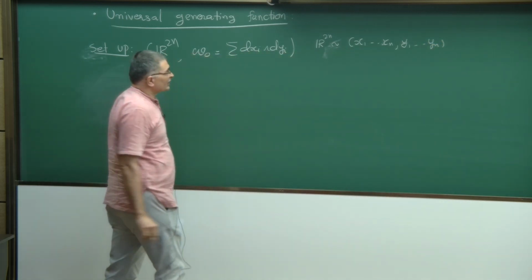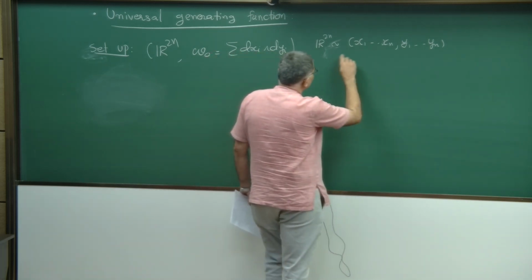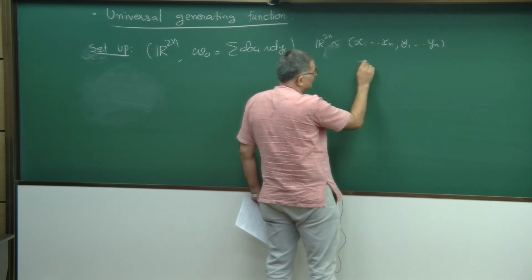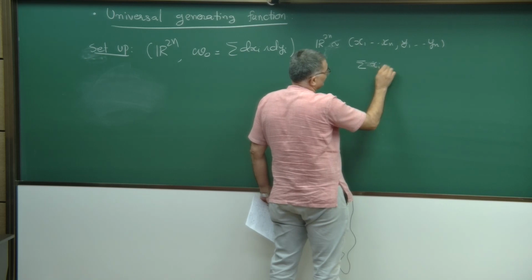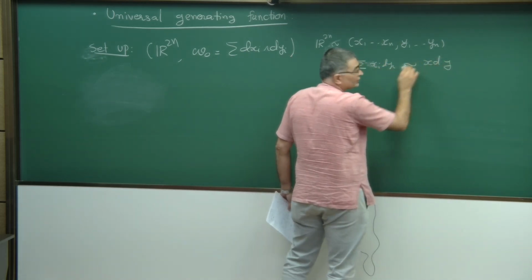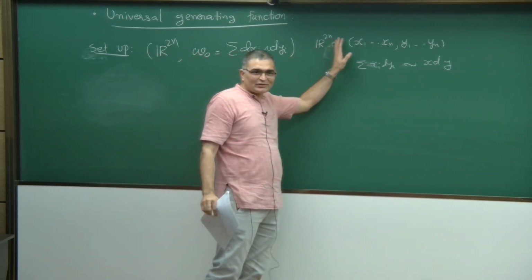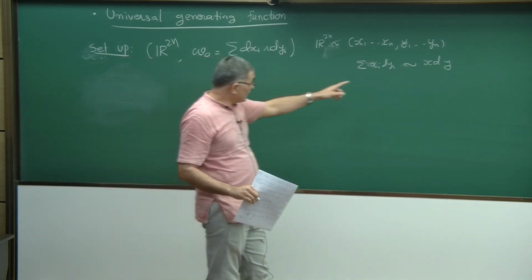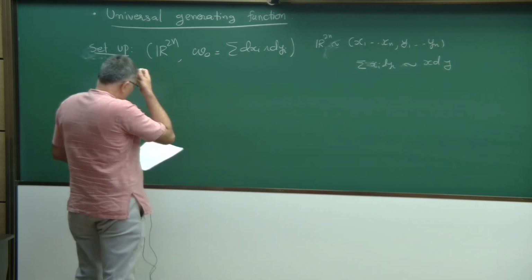And just like Yasha, I am going to write for any product of the type summation x_i dy_i or something as just x dy. So, that we can just pretend that we know things about R2 and everything goes through, but it would typically mean x_i dy_i.